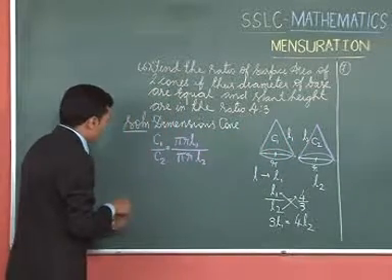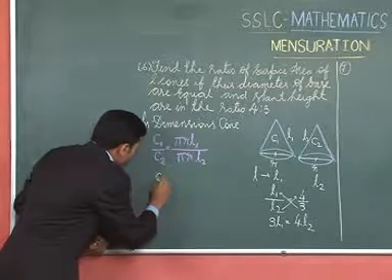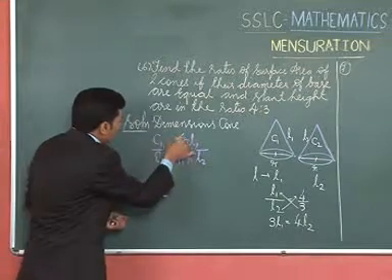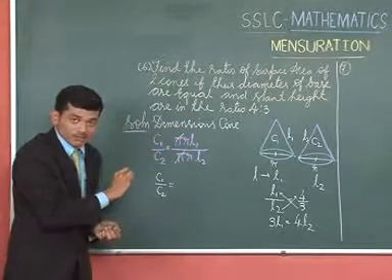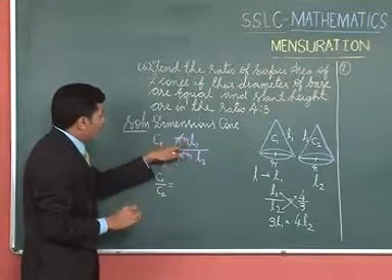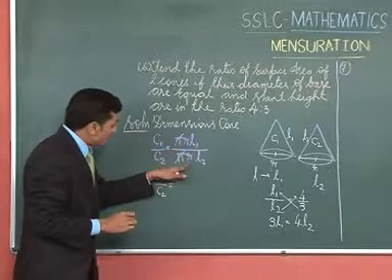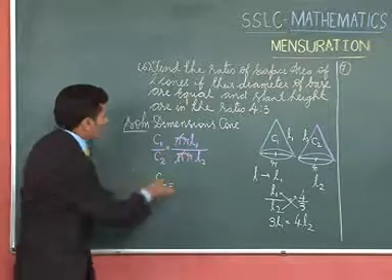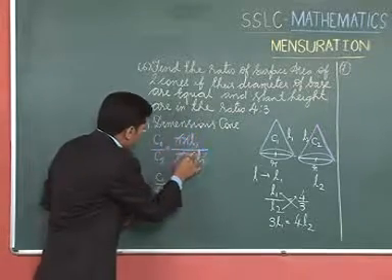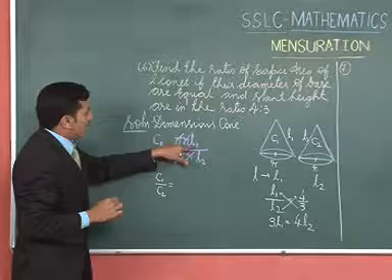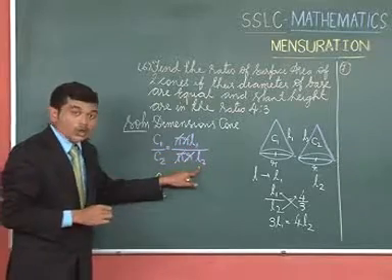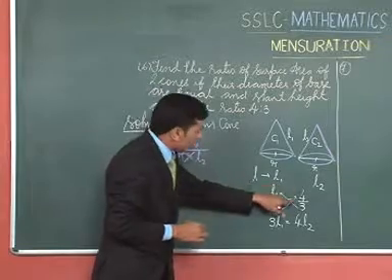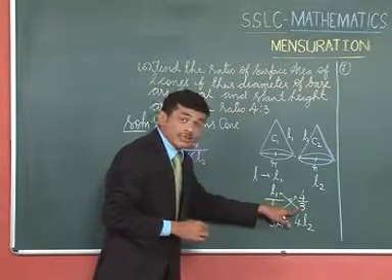Now in the next step, C1 by C2 is equal to, now pi and pi are cancelled. Now the radius in cone 1 is the same as the radius of cone 2. Both are equal, so we can cancel even the radius. Now we are left with L1 by L2. So just see here, L1 by L2, as per the question, it is equal to 4/3.